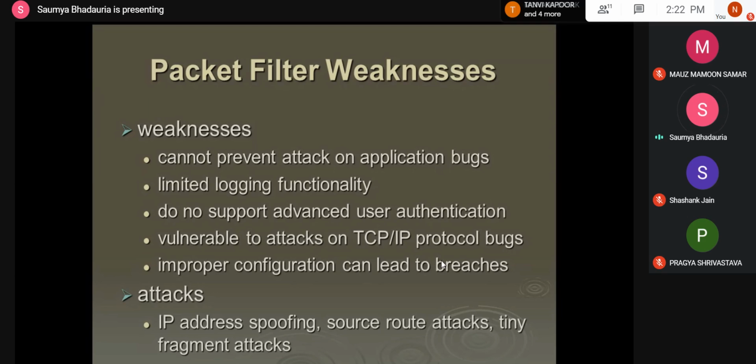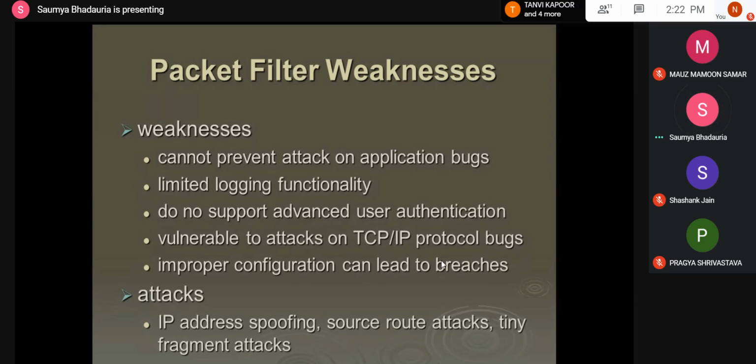However, the other subsequent fragments have some spurious content within them. So whenever the PFF checks the first one, it would find that it is according to the rule, okay, and all of the other packets would be passed through without checking what information is there in those subsequent fragments.